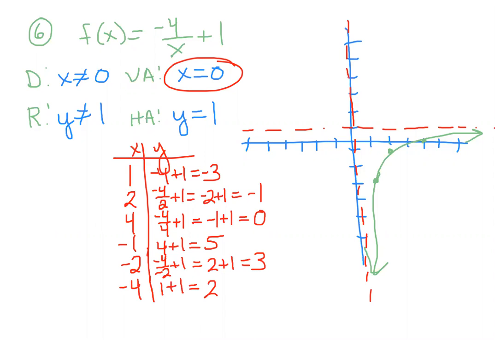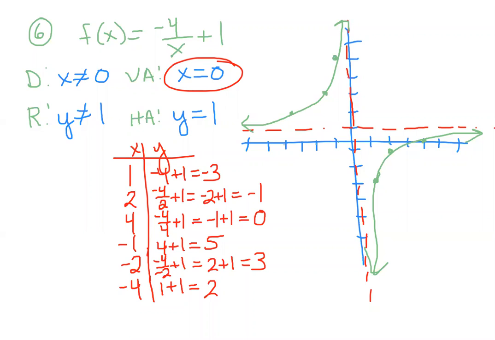So if we graph those, we get -1, 5, -2, 3, and -4, 2. And remember that they get close to the asymptote. So that's what this one looks like.